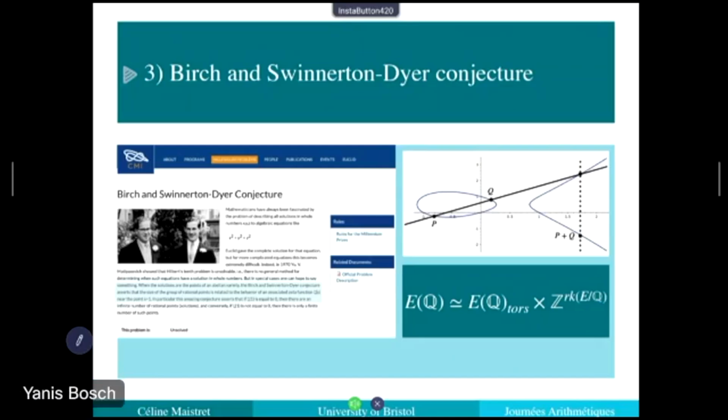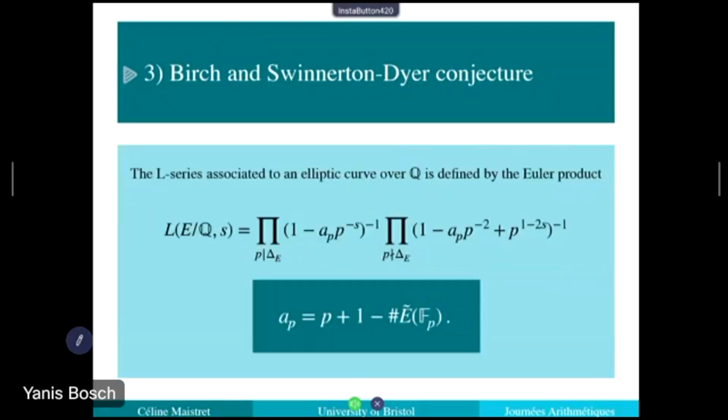And I will yet again give you yet another definition of an L-function, the one that I like, especially because it clearly shows this bridge between local and global. So the L-function associated to an elliptic curve over Q can be given by an Euler product. So it's very much a local-global object. At each prime p, the data you need to compute is this little a_p, which is essentially given by the number of points that your curve has over F_p for all primes p.